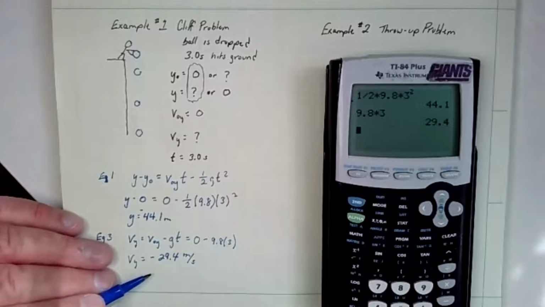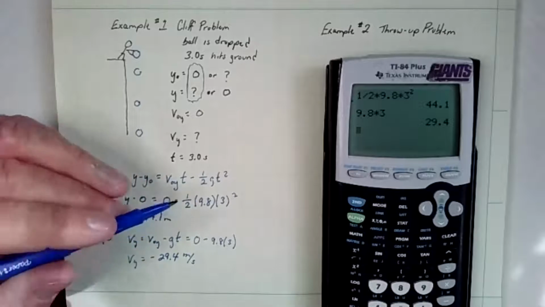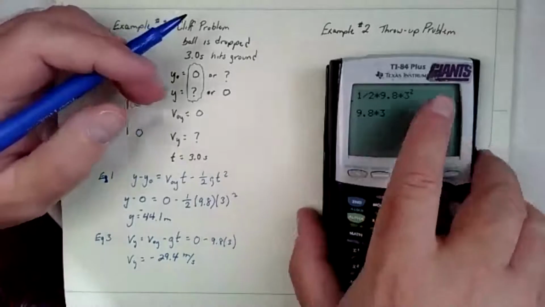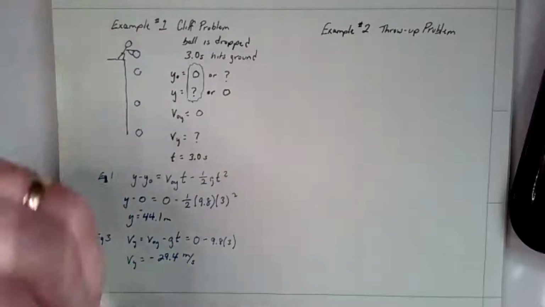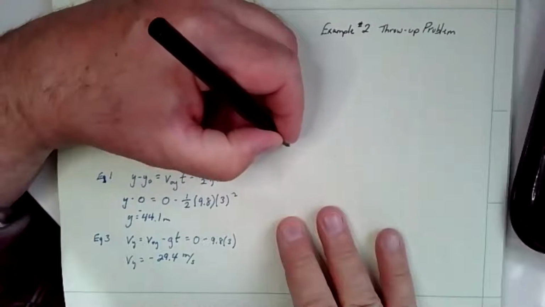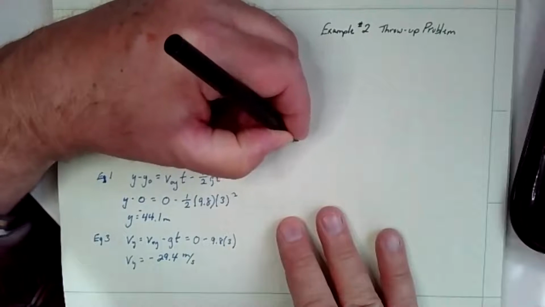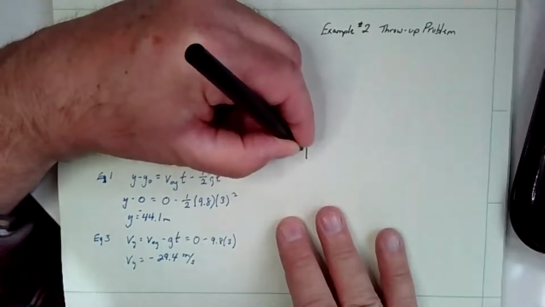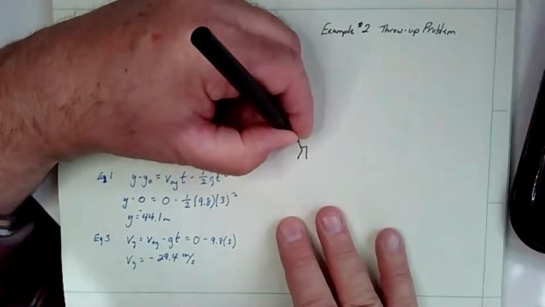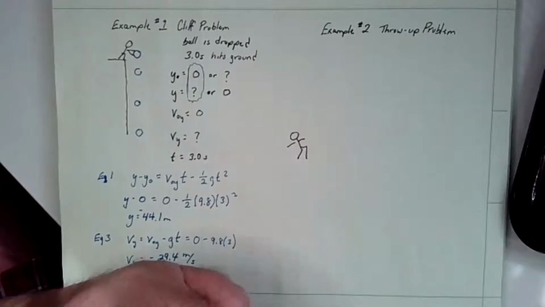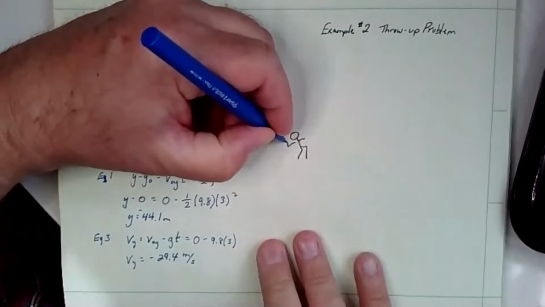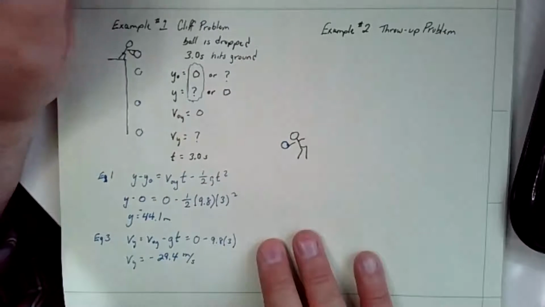Okay, well, let's use this as our inspiration for looking at a throw-up problem. And in our throw-up problem, we'll take our friend, we'll give him something to throw. We'll give him a good wind up here. We'll make it a different color just so this person doesn't accidentally throw their hat.